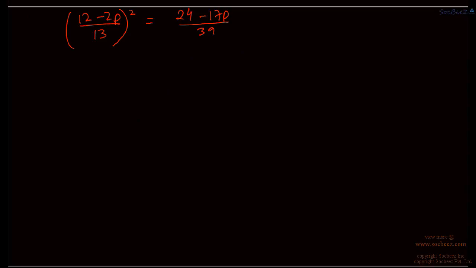Right? So let's expand everything. I have 144 plus 4p squared minus 12 into 2, that's 24 into 2, that's 48p, that by 169. I have 24 minus 17p by 39.